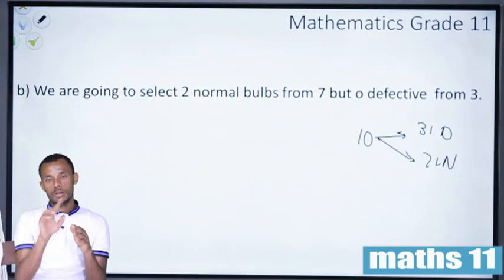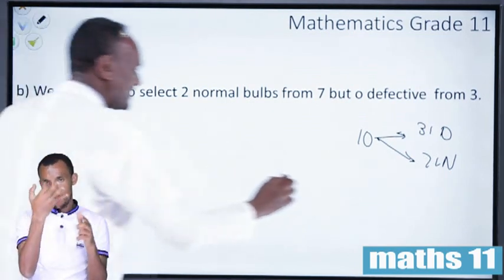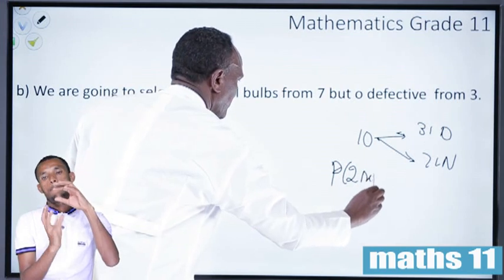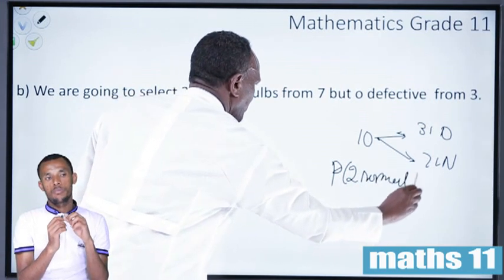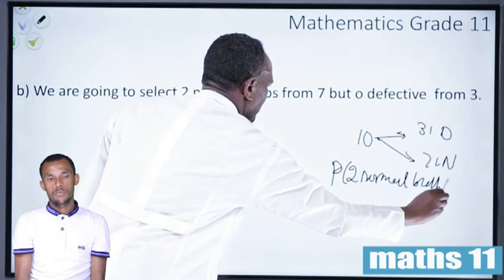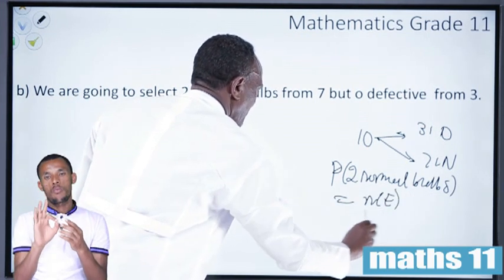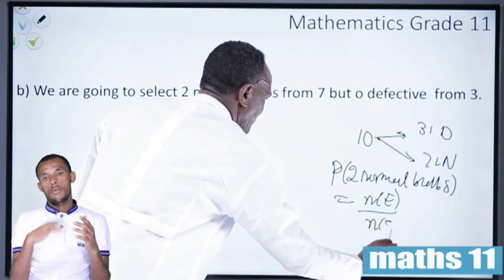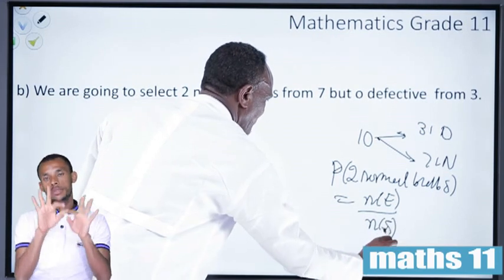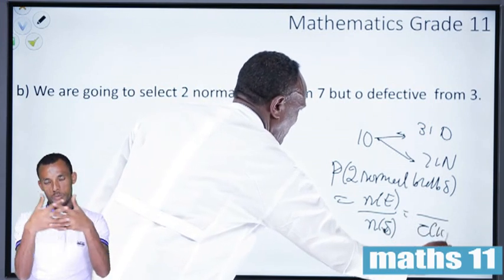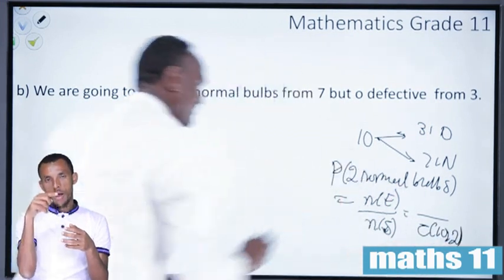What you are asked is the probability of selecting 2 normal bulbs. This gives the number of elements of the event over the number of elements of the sample space. The sample space is already calculated. The combination of 10, 2 it will be.